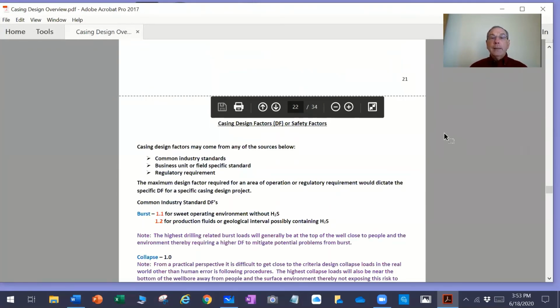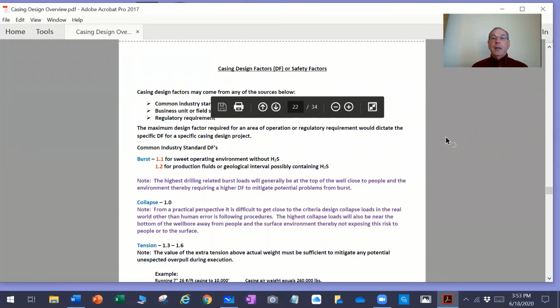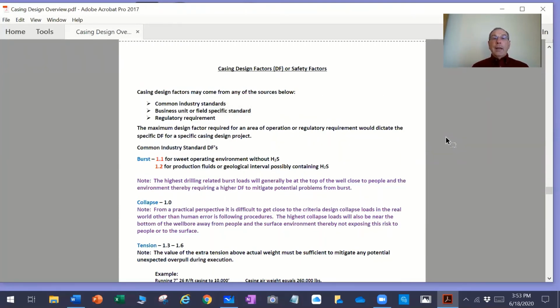Now, casing design factors are also based on industry standards, business unit specific standards, or regulatory requirements. You're always going to have to use the worst case of wherever you're operating, based on whichever is the most stringent.